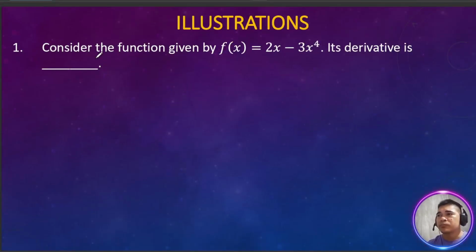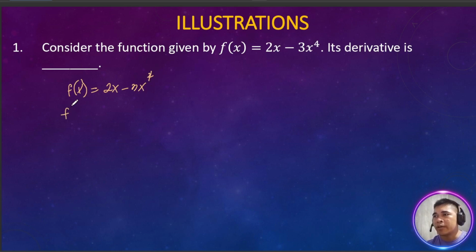Example, consider the function given by f of x is equal to 2x minus 3 times x to the power of 4. Its derivative is, so given nato, f of x is equal to 2x minus 3x to the power of 4. So the derivative of f of x is equal to, so what is the derivative of 2x?